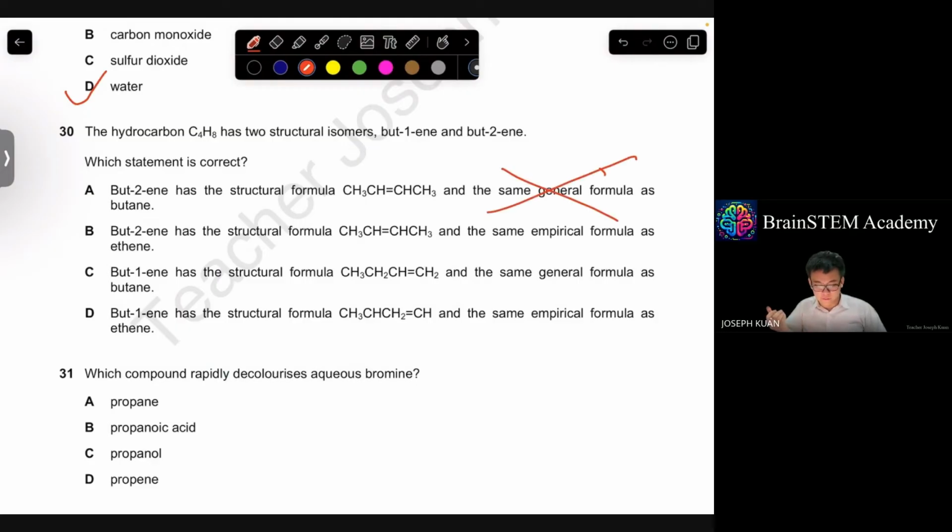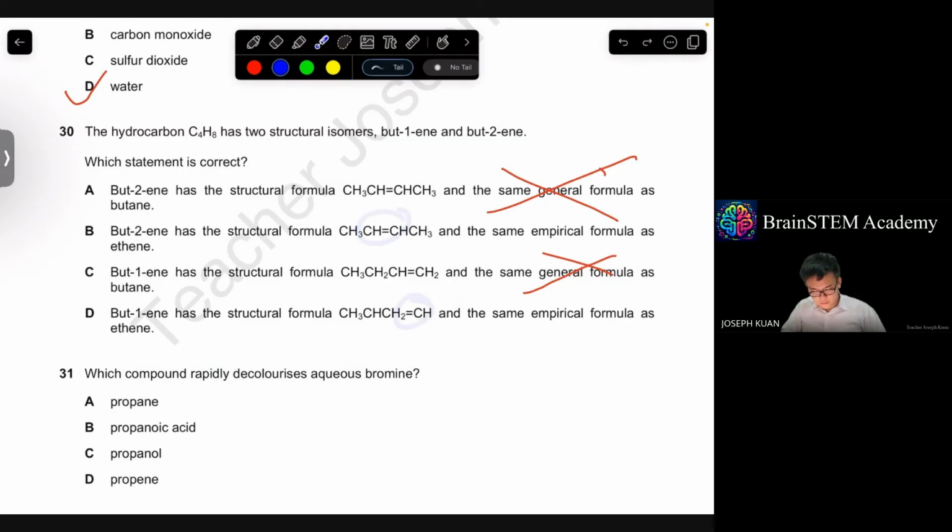So C also is wrong, right? It's either B or D. Upon further analysis, it seems like the structural formula is correct because the double bond is located at the second carbon. This one is located at the first carbon.